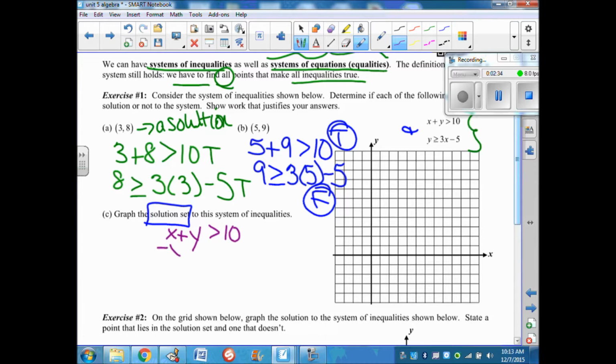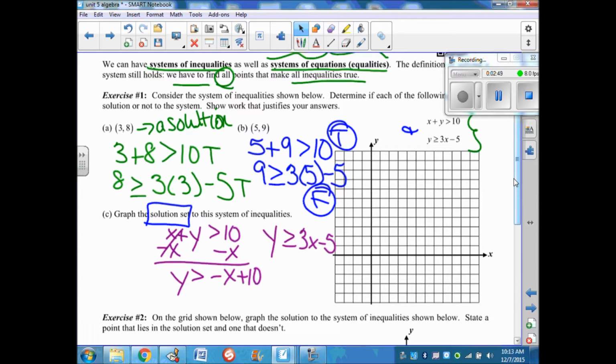Then we're going to go to our calculator. The second one is already solved for y for us. So let's take a minute and type those two into your calculator and see what they look like.